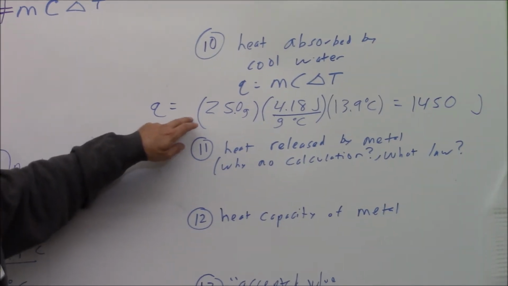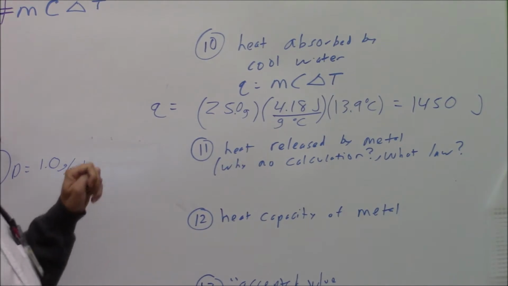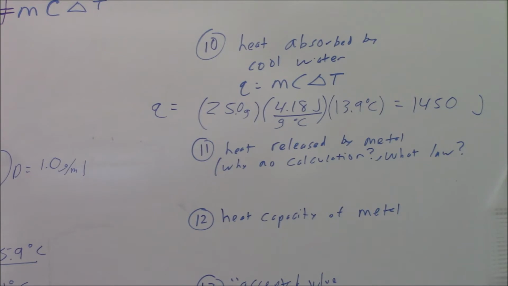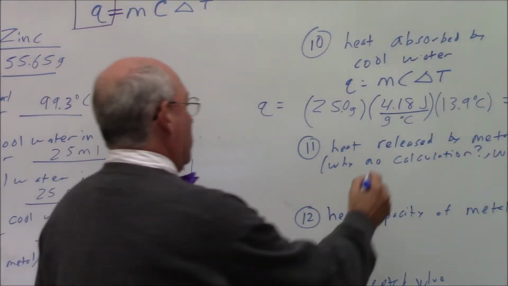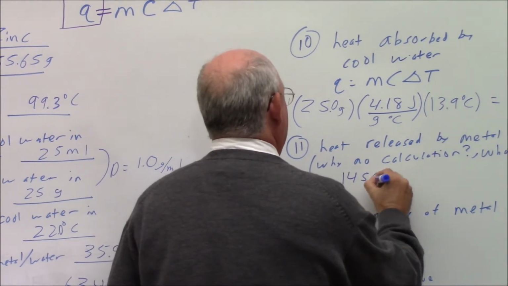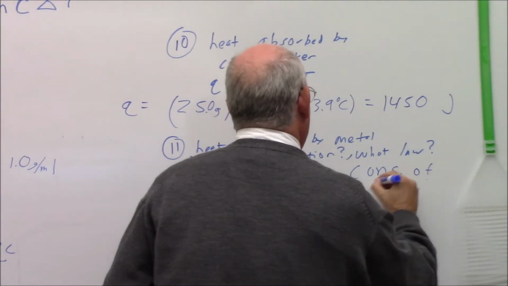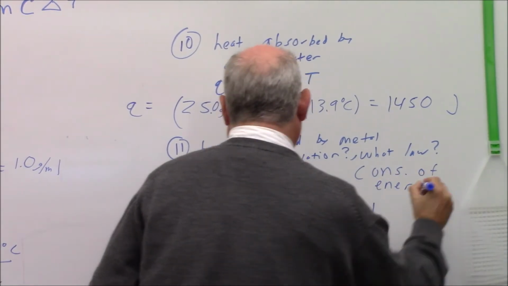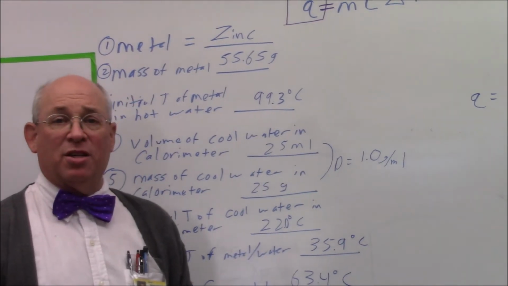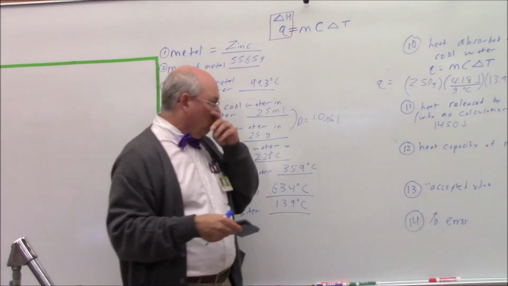Now, if I know the law of conservation of energy, that means that all the energy the water absorbed had to come from somewhere, and the somewhere was the metal. So the metal released the exact same amount. So we just write conservation of energy. That's not the most obvious thing sometimes, so take a second to make sure it sinks in.